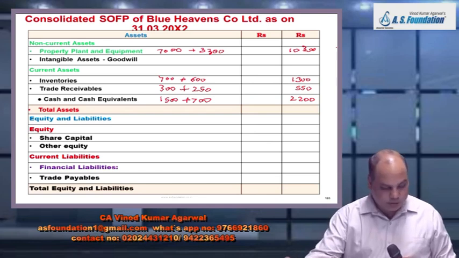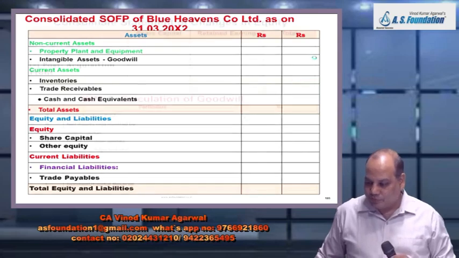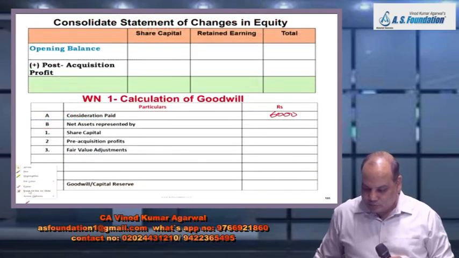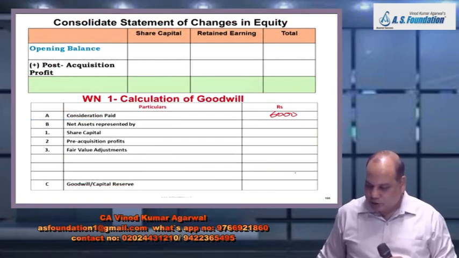Then come to fair value adjustment. We have adjusted two figures so far: property, plant, equipment and inventory, yes or no? So write in this goodwill working also, fair value adjustment, building and other PPE.